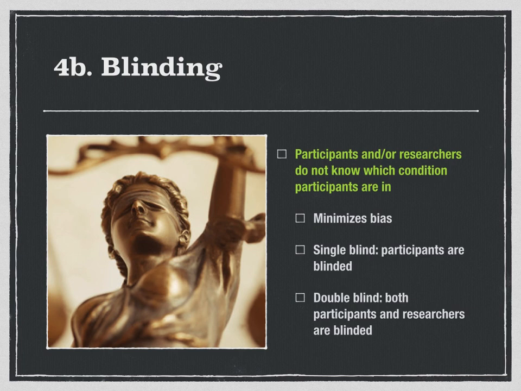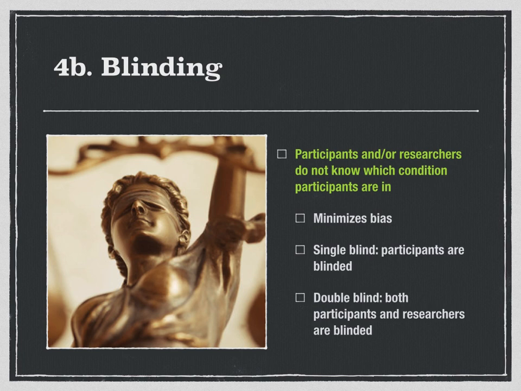Now, blinding, also known as masking, occurs when participants and/or researchers do not know whether a participant is in the active intervention group or the control group. The reason for blinding is also to minimize bias. For example, blinding prevents participants in the active condition from reporting more favorable results because they expect a positive outcome or because they want to say nice things to you, the researcher.